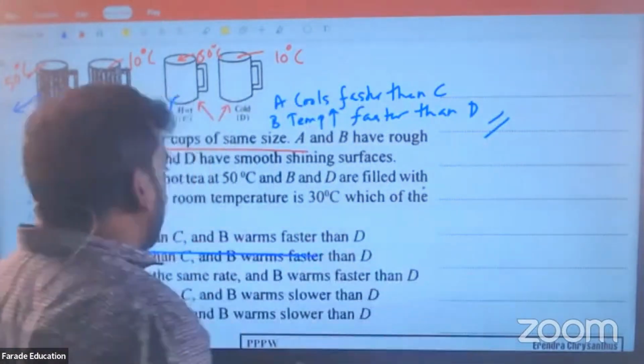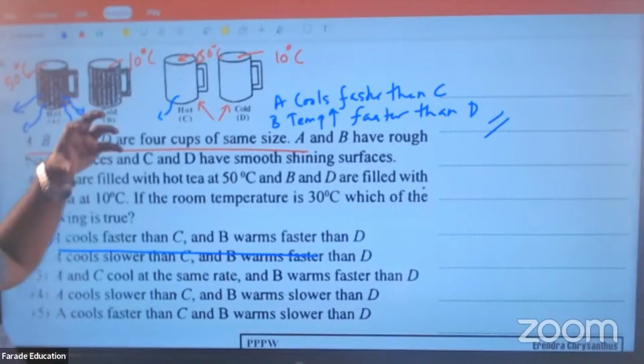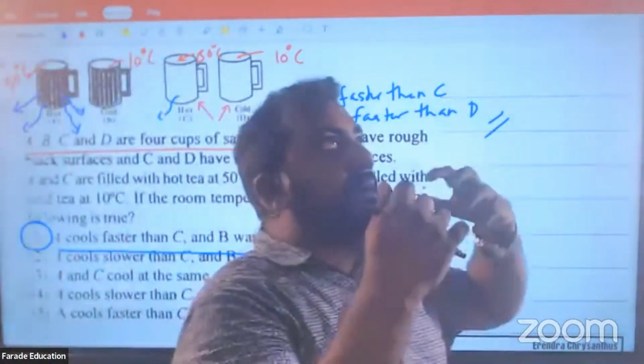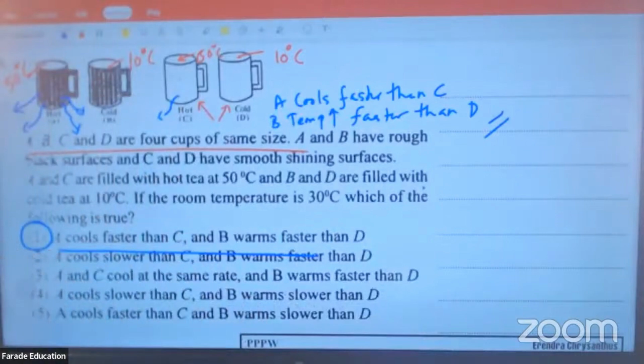So the correct answer is answer number 1. Black surfaces are good radiation absorbers as well as emitters, while shiny surfaces are weak radiation absorbers or emitters.